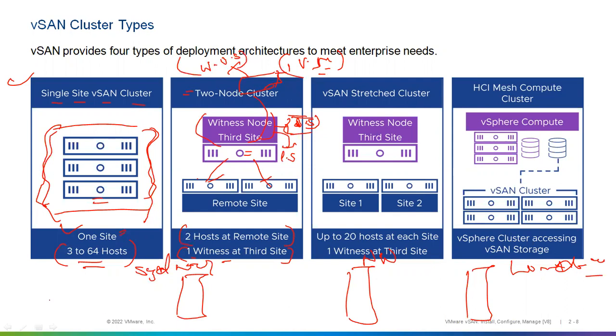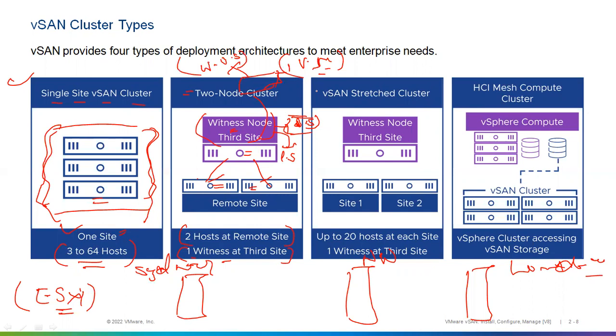It is a mini version, I would not say the entire ESXi. It's based on the ESXi kernel itself, but it is not a complete ESXi. It just plays the role of witness, checking the health of the ESXi hosts running in good condition. After all, you have to complete the 3 node. That's why it's one witness node.